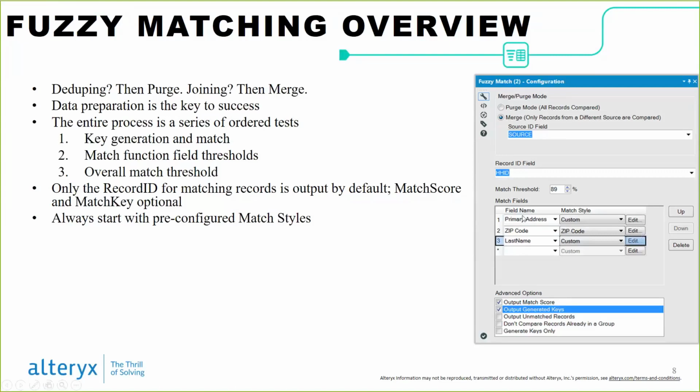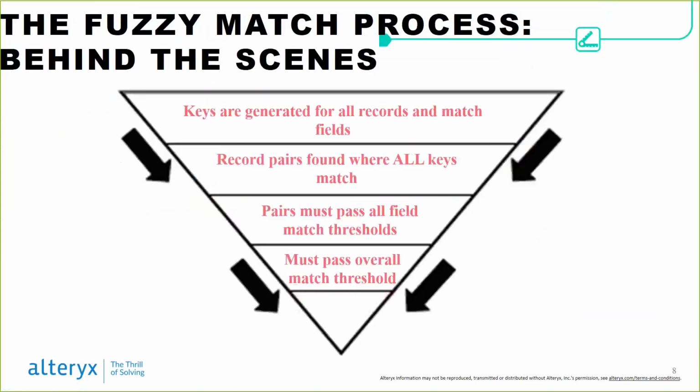So in this case, what if I said 90% primary address, 85% match to zip code, 90% match to last name? In order for anything to match or come through my filter, it's got to pass each of those thresholds for each field. So for those three fields that I just showed, each of them has to be higher than 90%, 85%, and 90% respectively. Now those are totally toggleable.